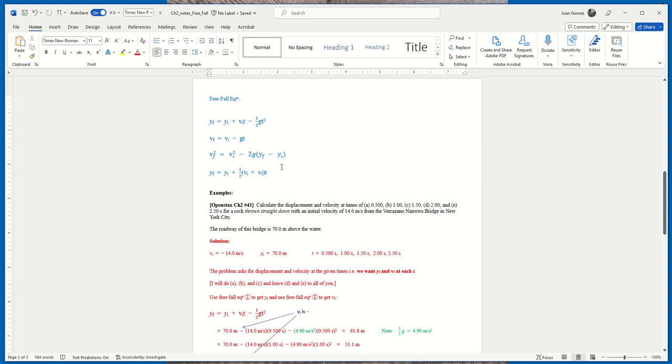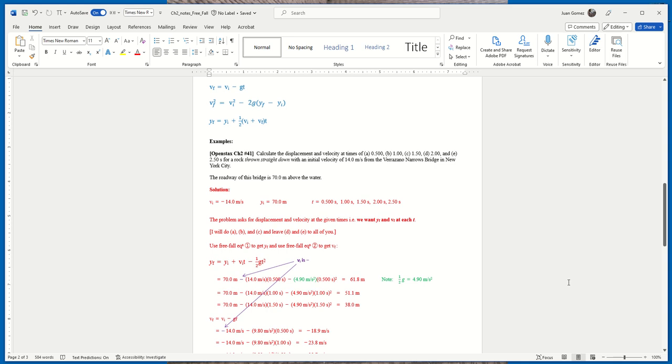But why don't I want to use 3 and 4? Notice I don't know VF. So 3 and 4, let's toss them out. Obviously, I can't use 2, so I have to use equation 1.